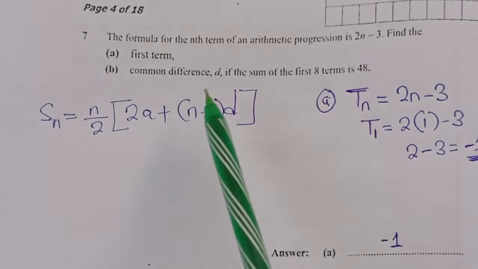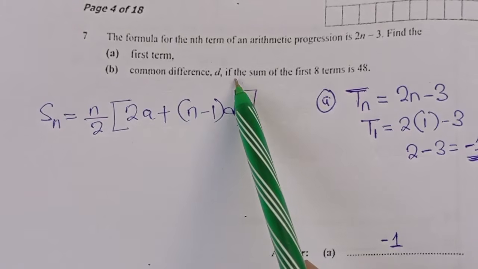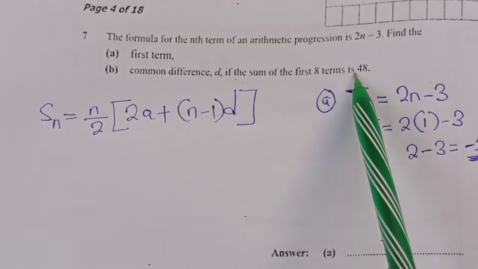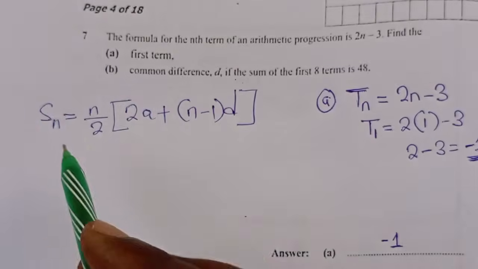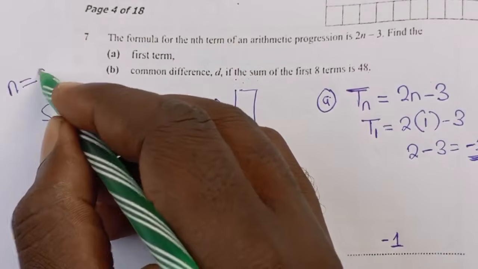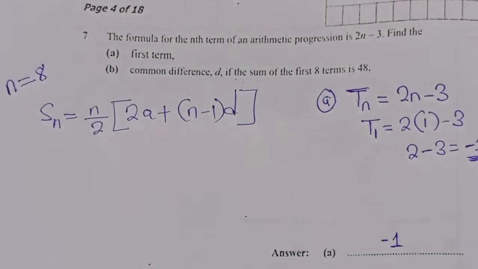We are told that the sum of the first 8 terms is 48. This tells you that n is equal to 8.